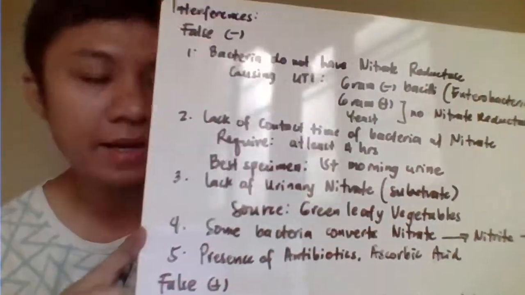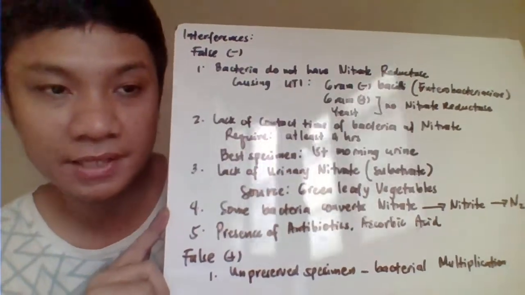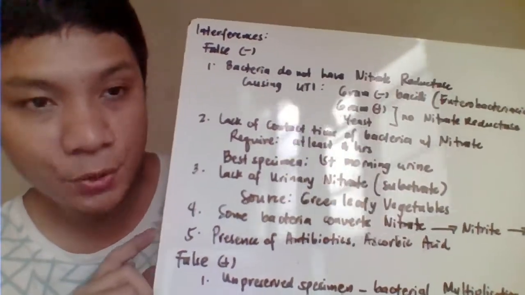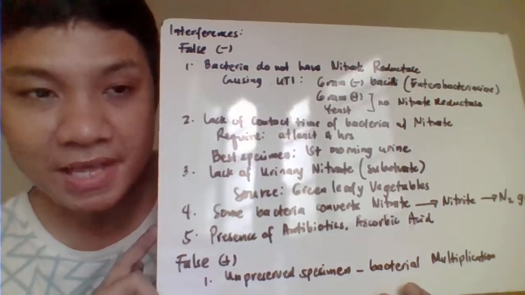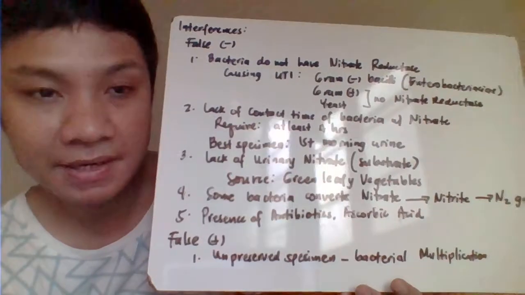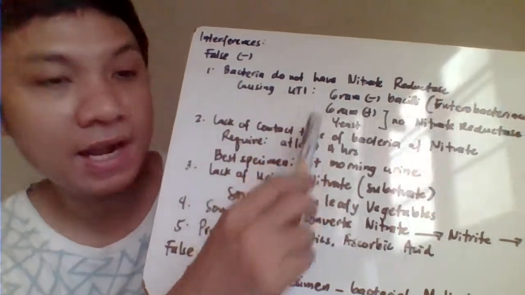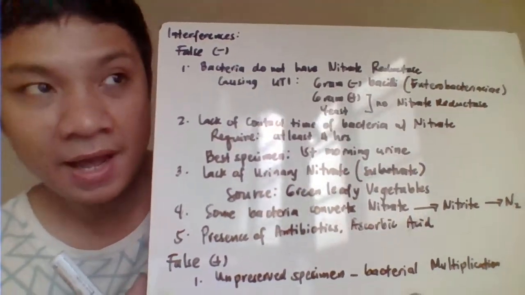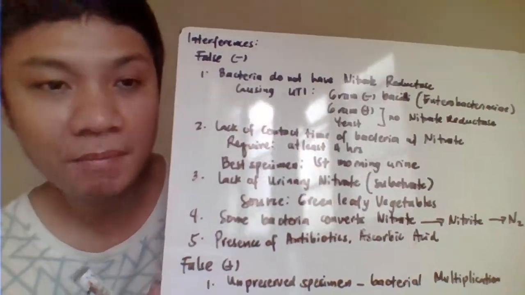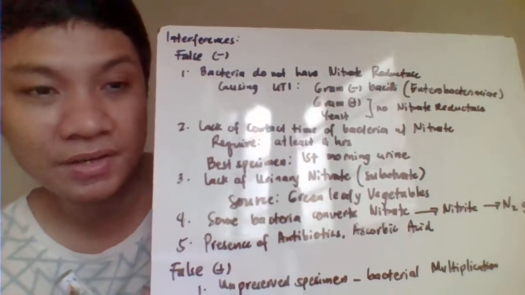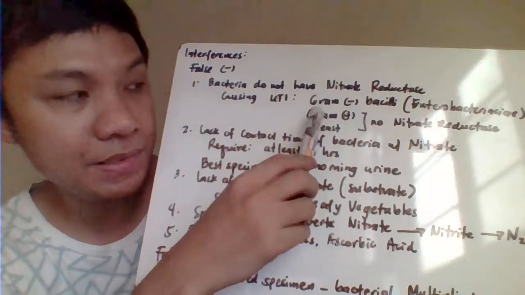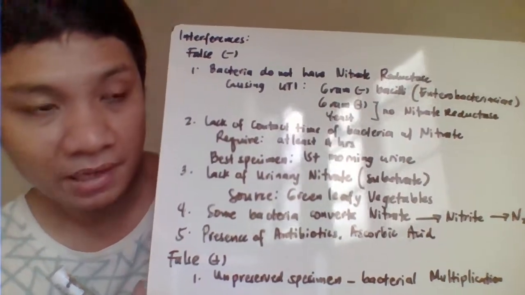Okay, we have here the interference with the nitrite test. First, the false negative result. A false negative could be obtained if your bacteria do not have the enzyme nitrate reductase. The following bacteria cause urinary tract infection: Enterobacteriaceae, like Escherichia coli, and Pseudomonas, which are gram-negative. Another group is gram-positive, and we also have yeast.